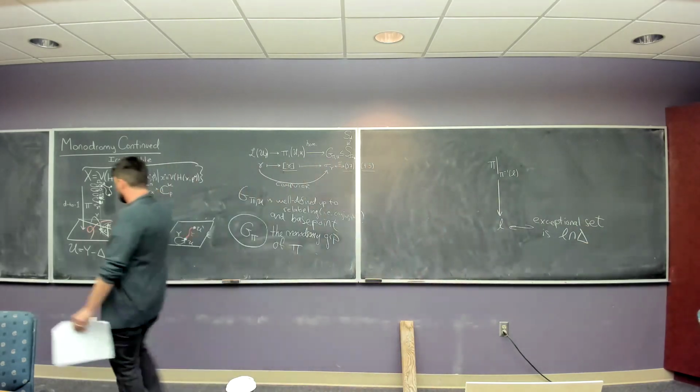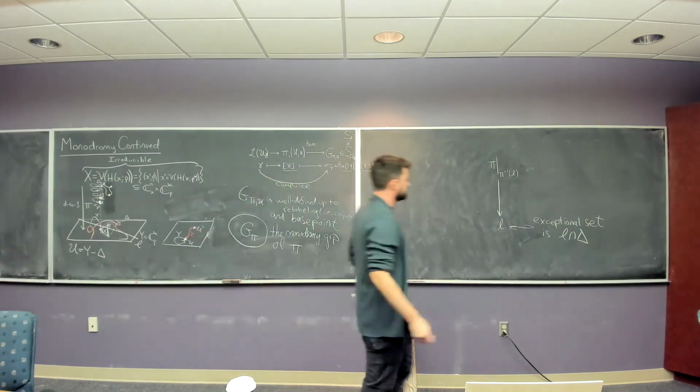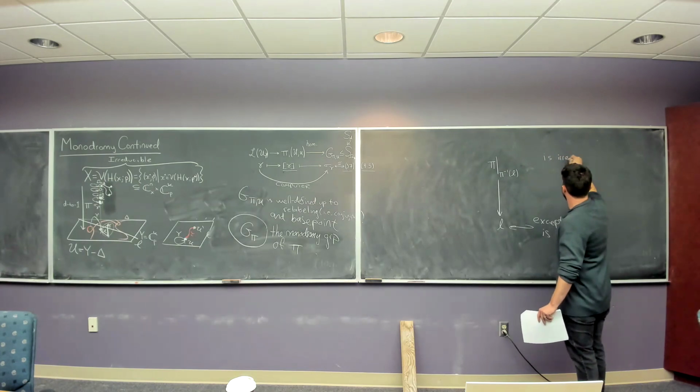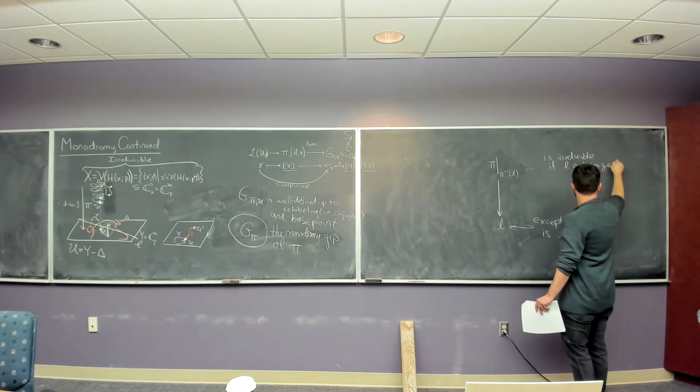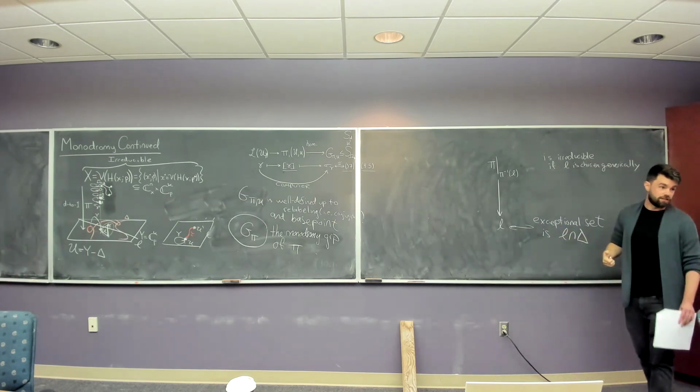So all the points that were in the exceptional set before, but now are also in L. And this I will just say is irreducible, if L is chosen generic.